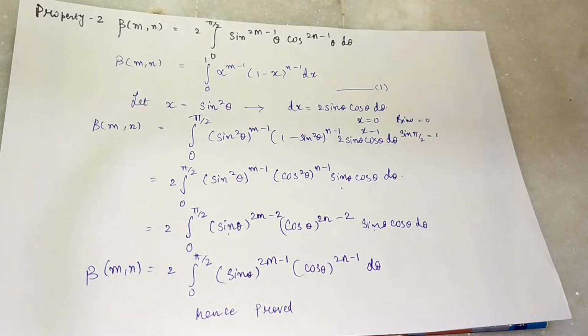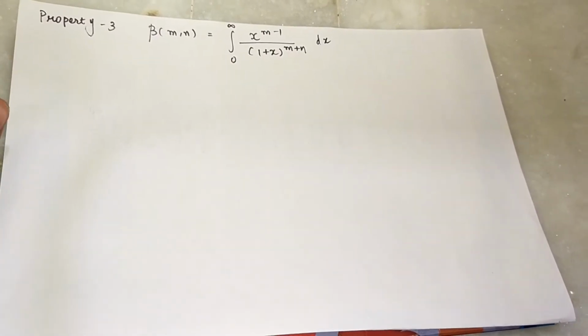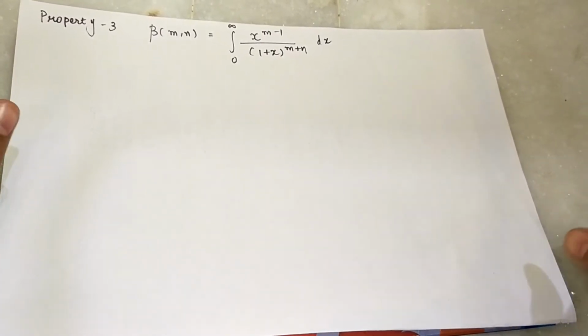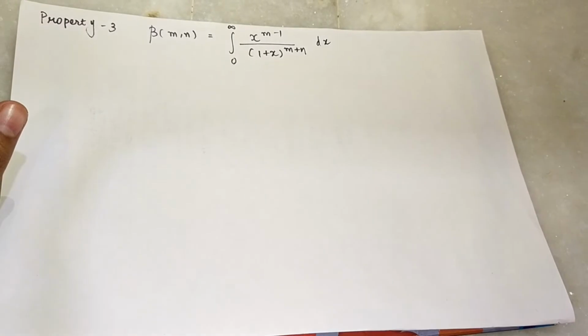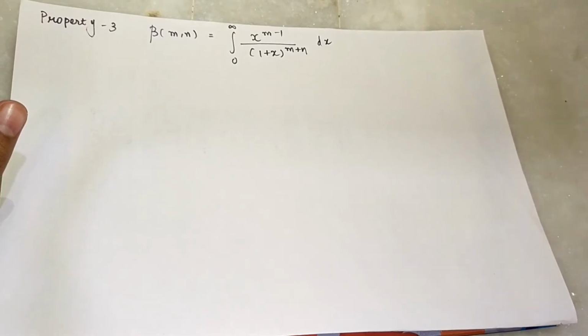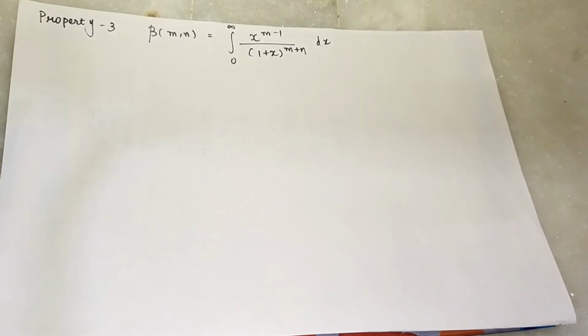Now we will see property number 3. This is property 3 of the beta function, that is beta m comma n is equal to 0 to infinity x raised to m minus 1 upon 1 plus x raised to m plus n dx.